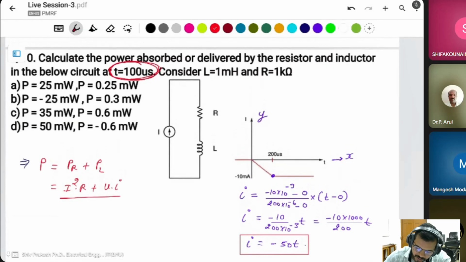How to calculate? This will be PR for the resistor, and this is the inductor.